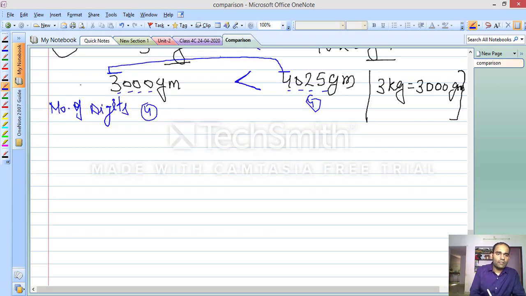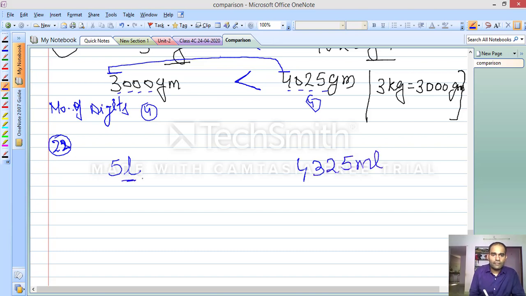Let's take some more examples. This time we should take 5 liter and 4325 milliliter.